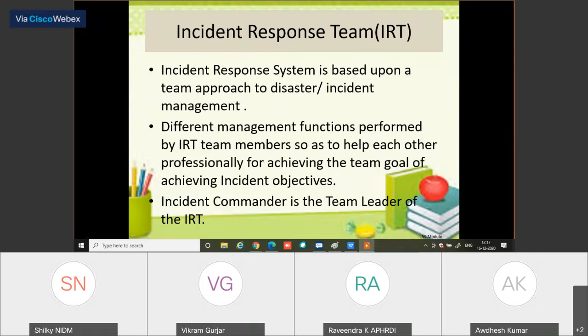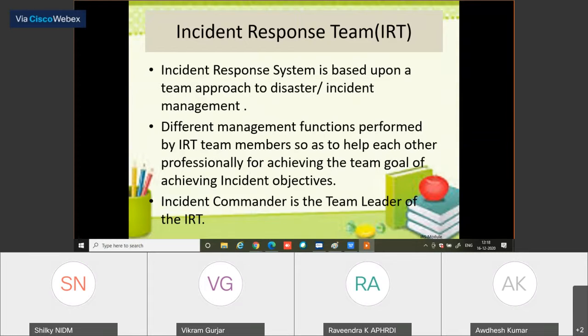As I've said, if we go through this IRS organization chart, then this entire chart can be divided into two staffs. One is at command level, which is known as the command staff, and the other is the general staff. At command level, we have the responsible officer to whom the incident commander reports, the incident commander, deputy, and these officers.